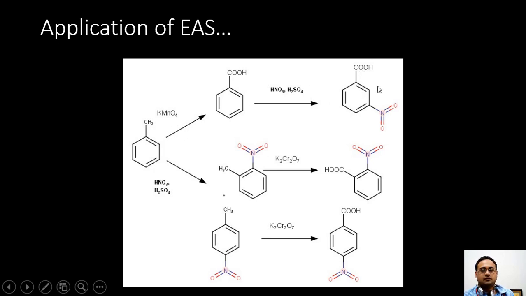Therefore, this sequence will give you the meta-substituted compound, and if you wanted to make the ortho or para-substituted compound using the activating properties of the methyl group, first we will do nitration.